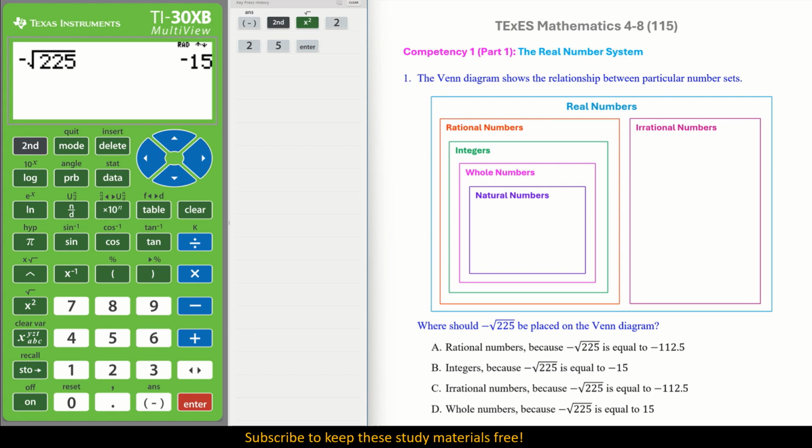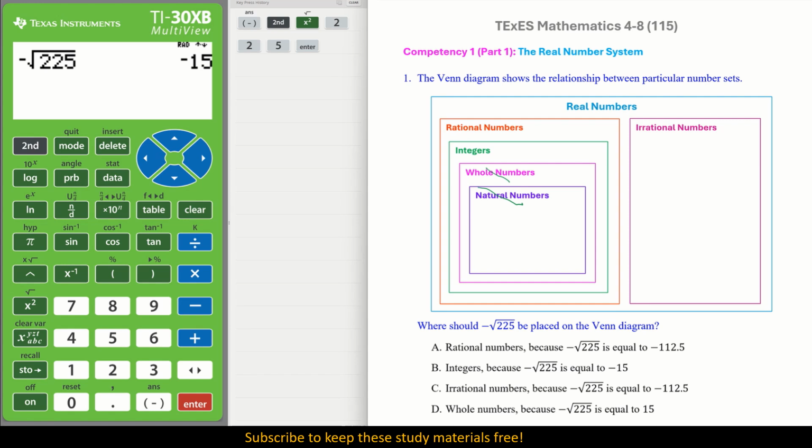It's an integer because, one, it's negative, and we know that can't be a natural number. It can't be in that subset. It also can't be in the subset of whole numbers, because those two sets are very similar. Now it's negative and it is a whole number magnitude, so the next step up is integers. And we do know what integers are.